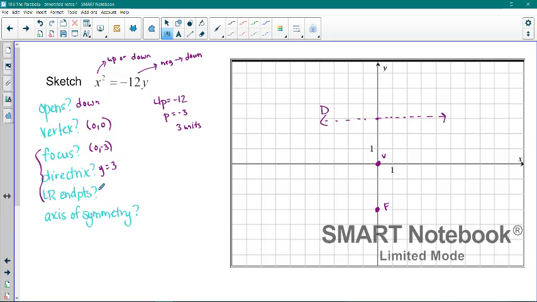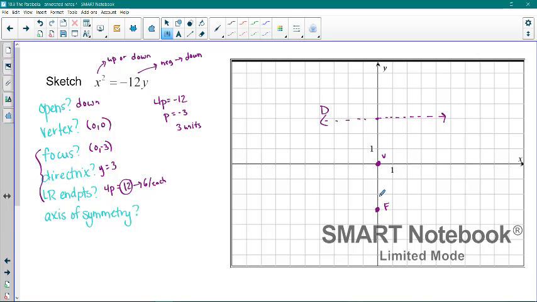The endpoints of my latus rectum, well, I know that the length of the latus rectum is 4p, which in this case is 12. Now, no negative because we're talking about a length. And I know my focus is in the middle, so that means 6 on each side of the focus.